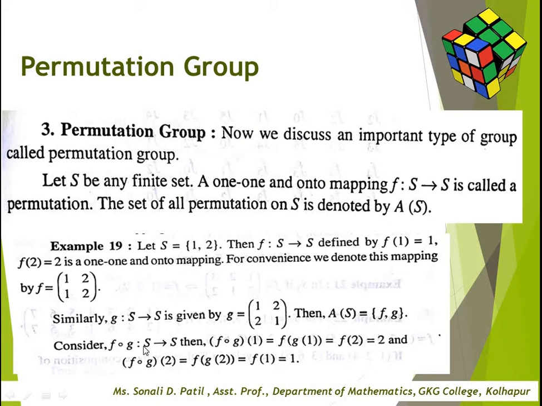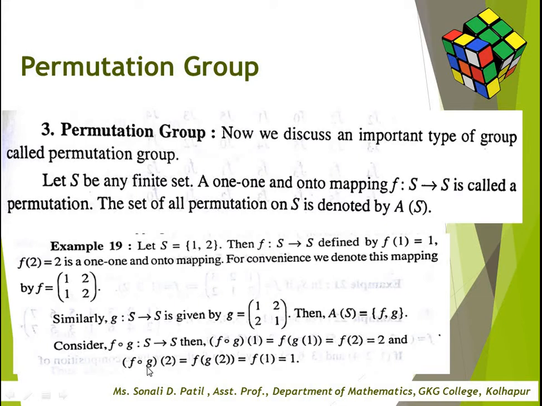Consider f∘g from S to S, then f∘g(1) is equal to f(g(1)). So g(1) is what? Here 1 maps to 2, so g(1) is equal to 2. So f(g(1)) is equal to f(2). What is f(2)? 2 maps to 2, so f(2) is equal to 2.